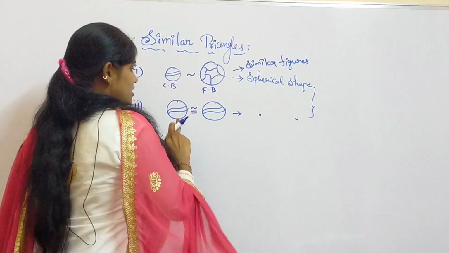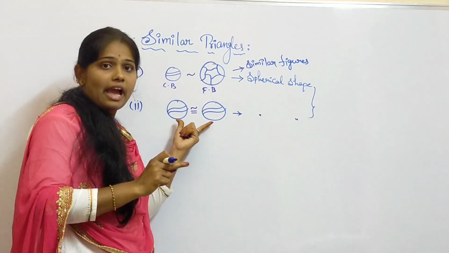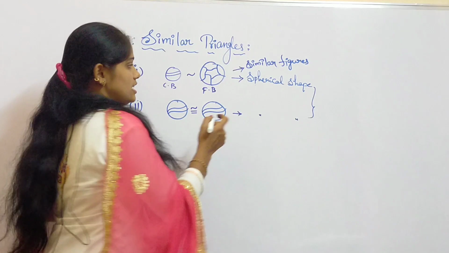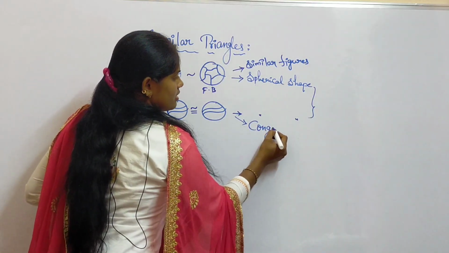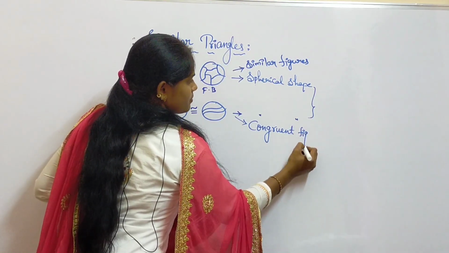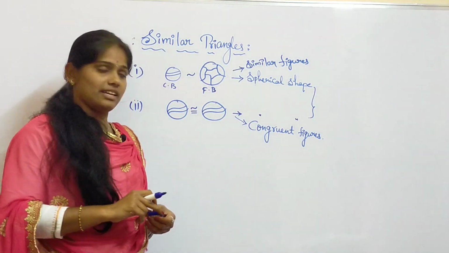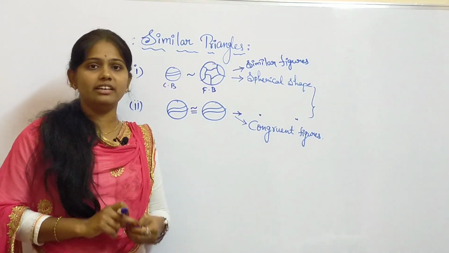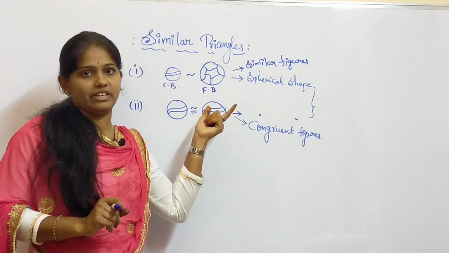And in the second case, the two cricket balls have the same shape as well as the same size. Such figures are called congruent figures. Guys, I hope you are clear with the similarity and congruency of geometrical figures, right?